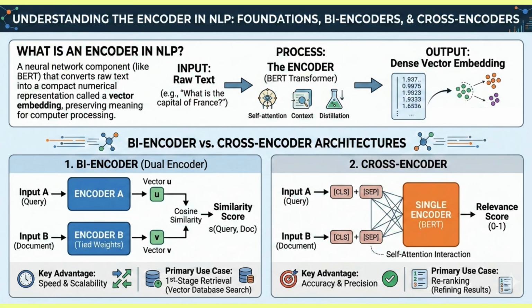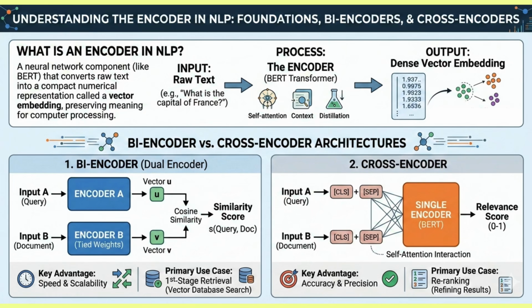The terms bi-encoder and cross-encoder refer to different ways these text encoders are used when you have two pieces of text, like a query and a document, and you need to determine their relationship, like similarity, relevance, or entailment. So first, let's talk about bi-encoder.